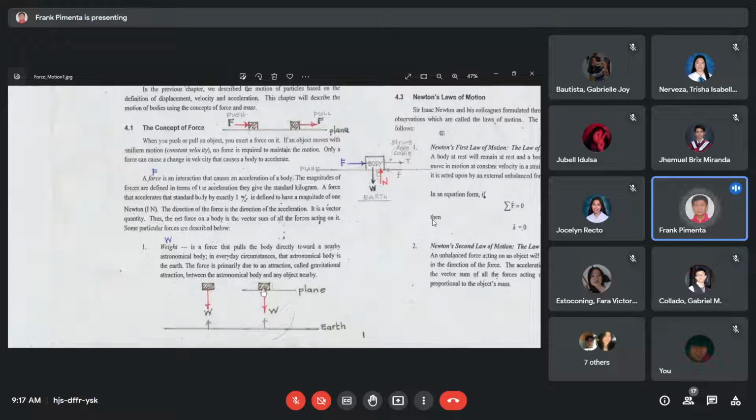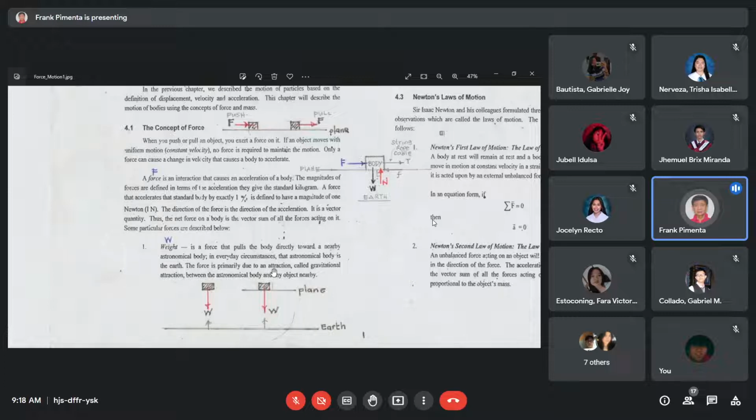the weight is still directed towards the earth. This is the weight W. Now, supposing this object is oriented, this is inclined. Instead of horizontal, it is inclined.